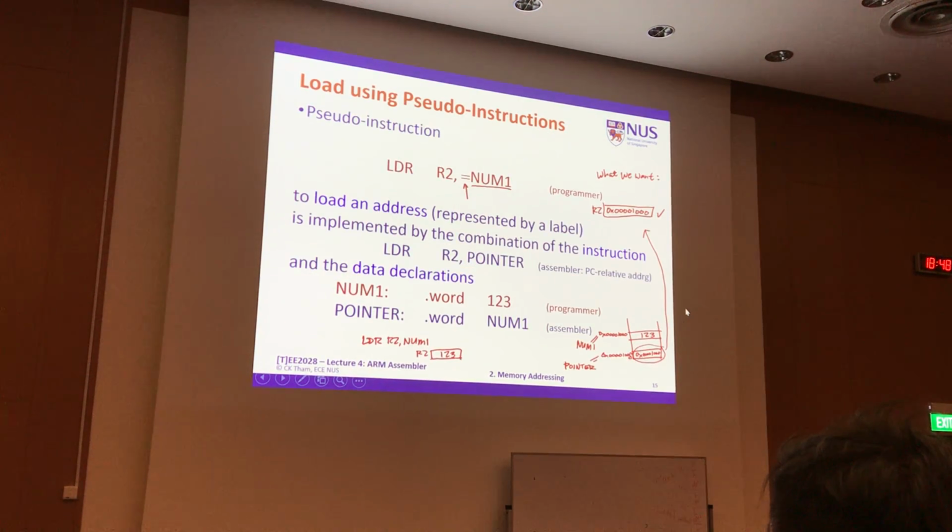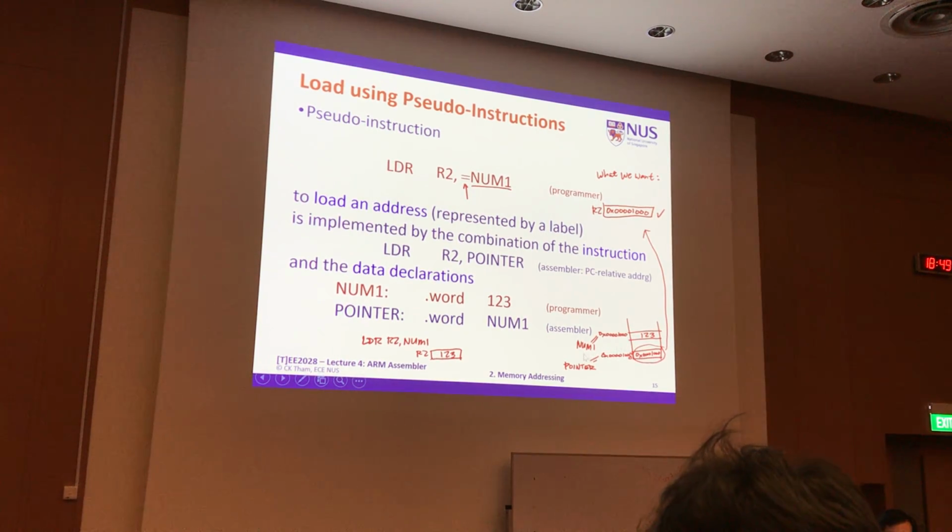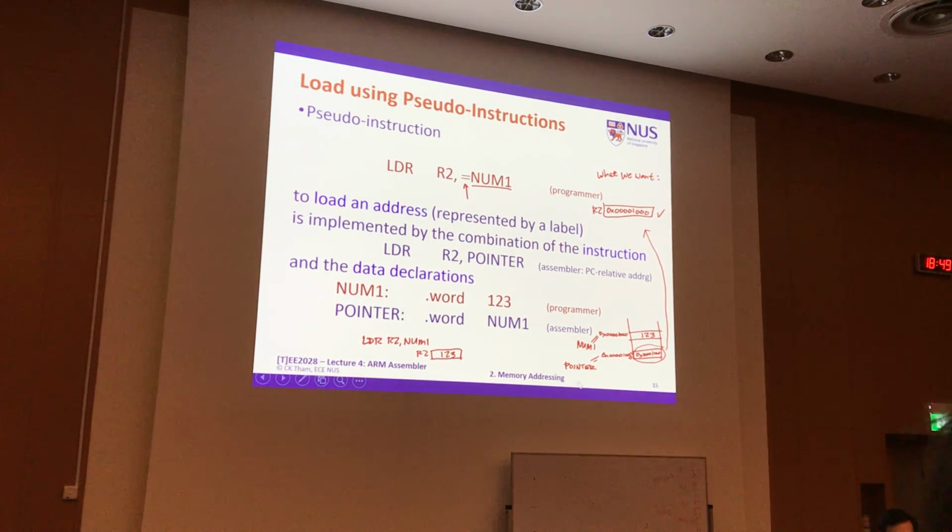And when you have the equal sign, the same thing happens. This num1 is a label value that refers to the address. When you do equal num1, the num1 value is put inside a word, given some address, and a label is created to that, let's say pointer. After that it also does a program counter relative load with the pointer.